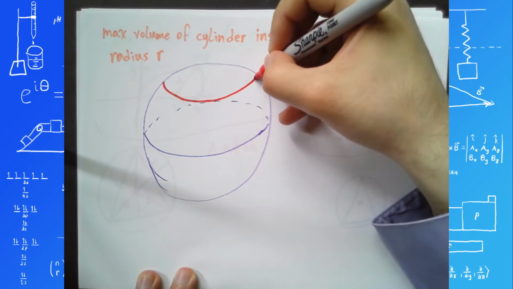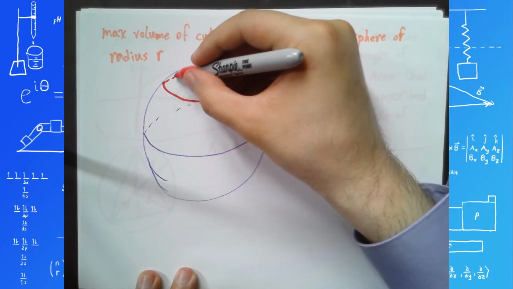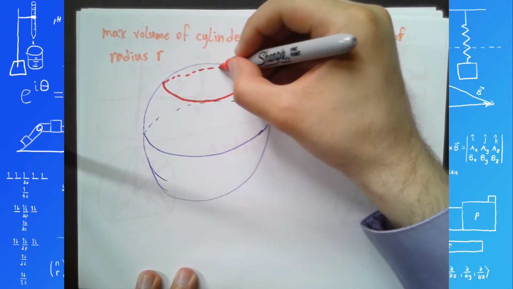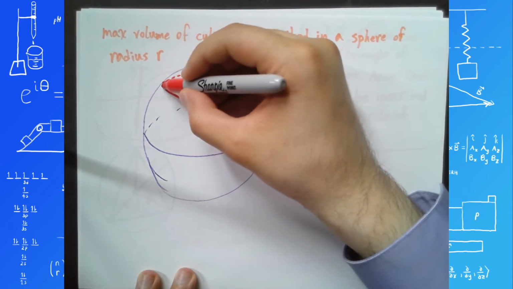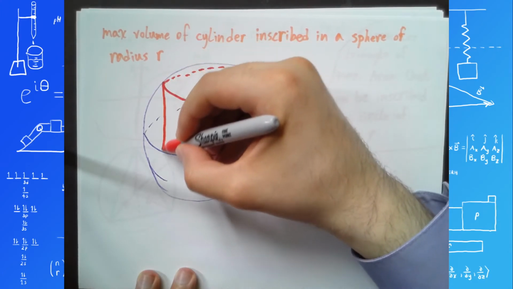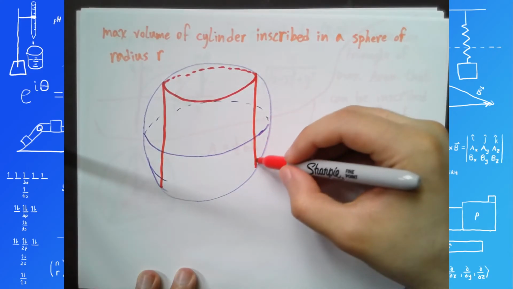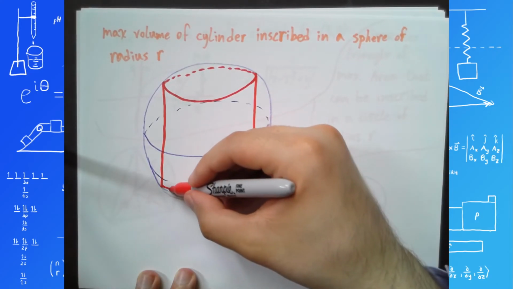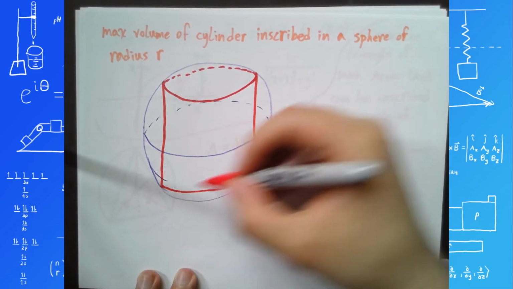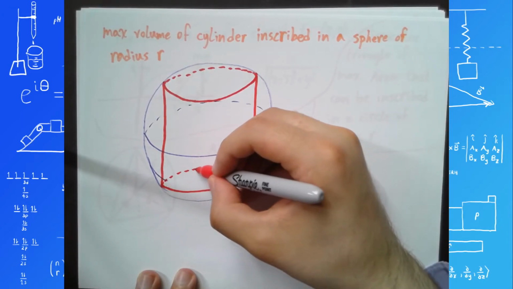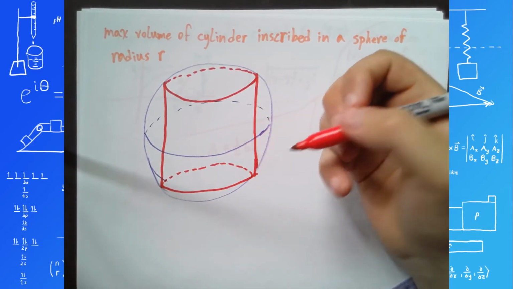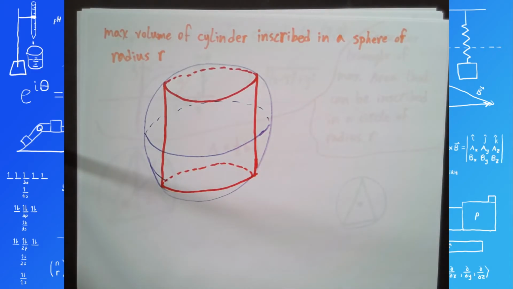Let's say there. Okay, and we want to maximize the volume of such a cylinder.